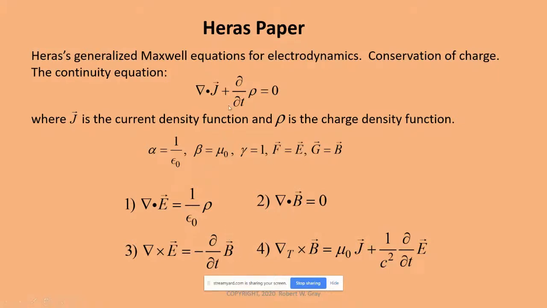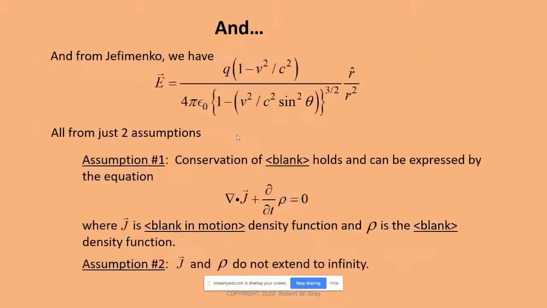And because this is derived using the Jefimenko time-retarded fields and potentials, you also get that electrodynamic function. All of that from just these 2 assumptions, that you have a conservation of something that can be expressed with this equation, the continuity equation, and these things do not extend to infinity.